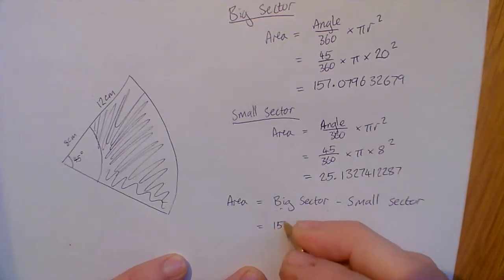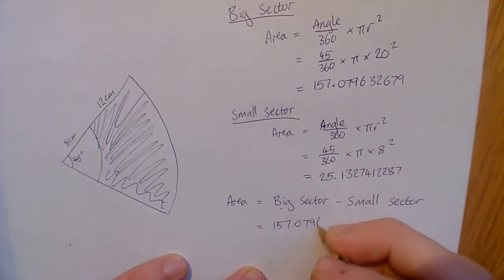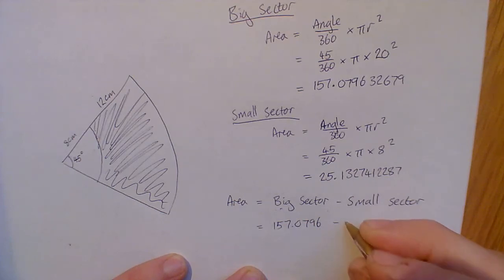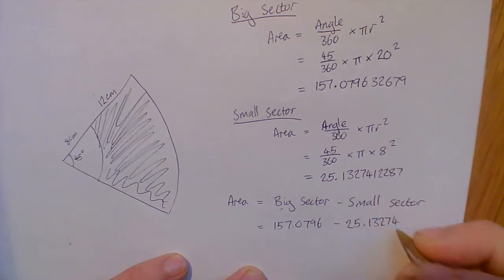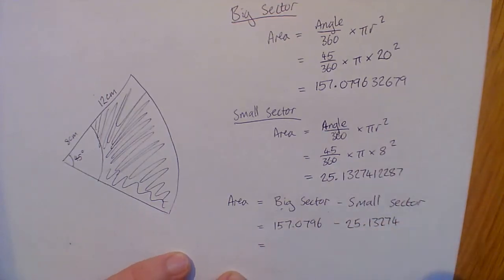Now we want to subtract these two answers. So we're doing 157.0796 take away, sorry, I said add, I meant subtract, 25.13274 and find out what that gives us. I'm just going to pop that in the calculator.